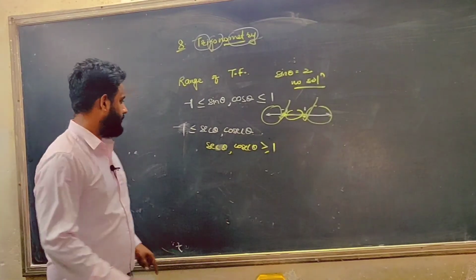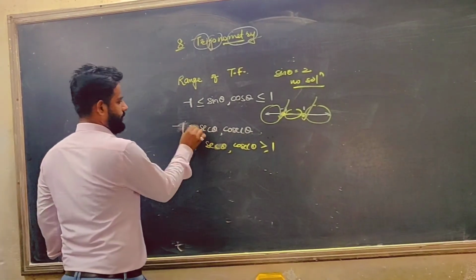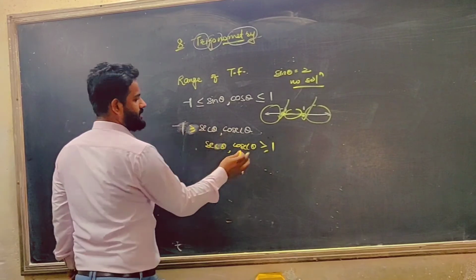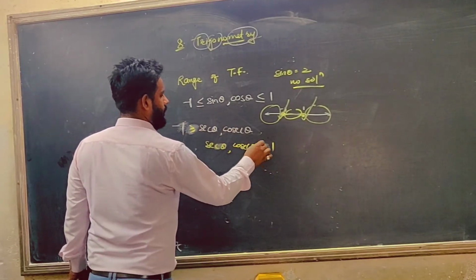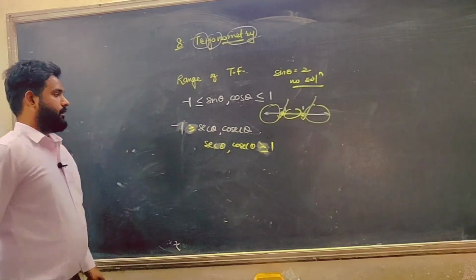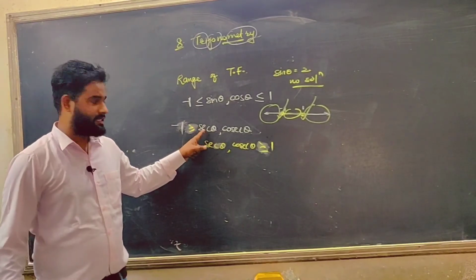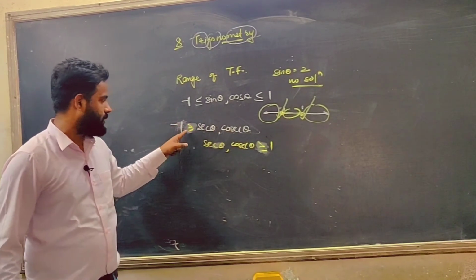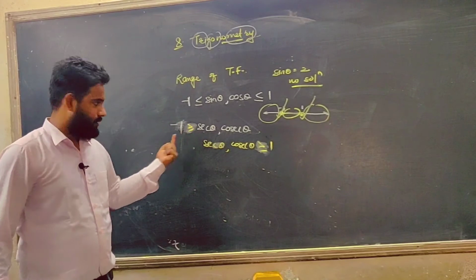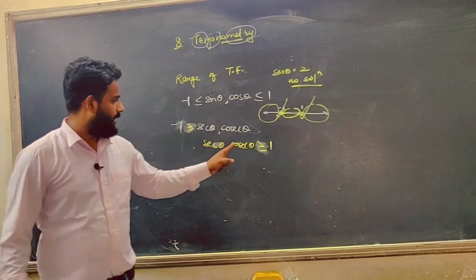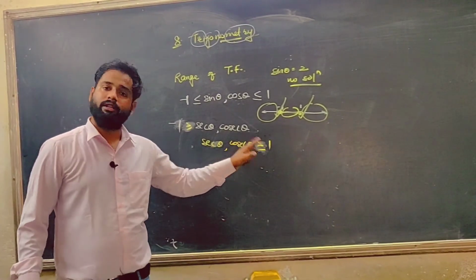Apart from the in-between values, they will have values outside that range, as well as -1 and 1. Either they will be -1 or less than that, less than -1, or they will have 1 or more than that, right?